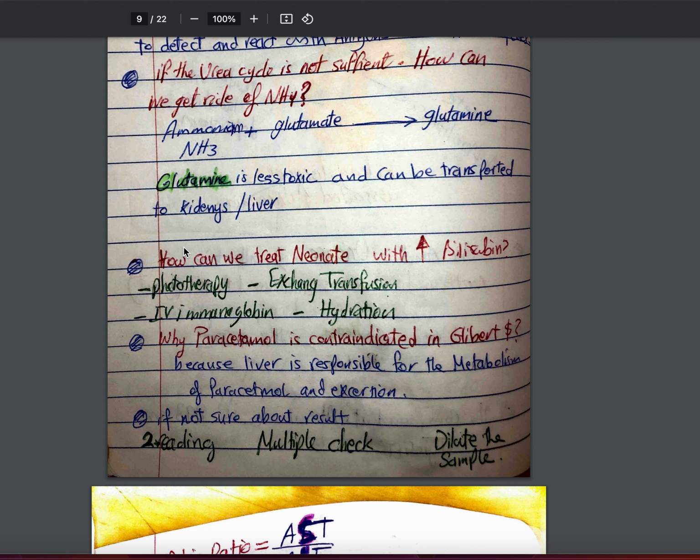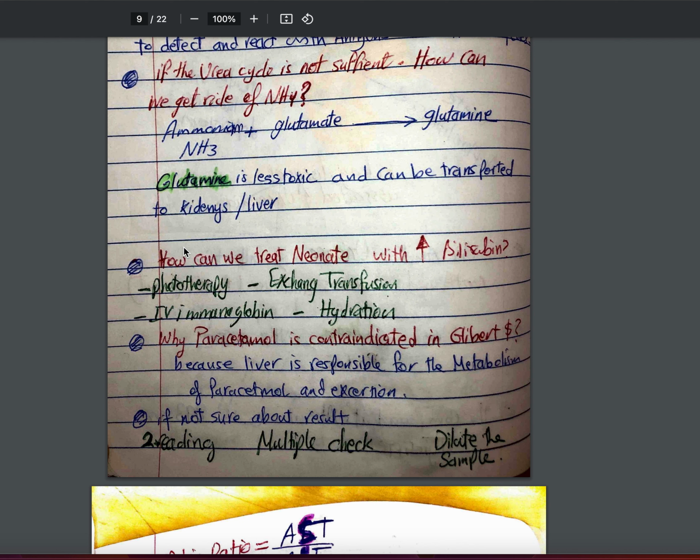So if its level is reduced, that will lead to the accumulation of paracetamol, which increases the toxicity to the liver and destroys it completely.